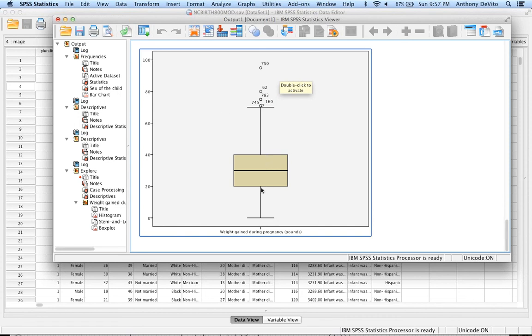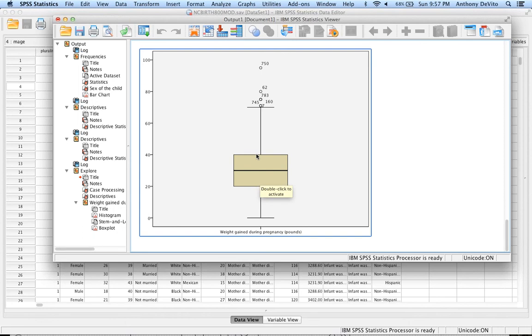The bottom part of this box is the 25th percentile. 25% of the women gained less than 22 pounds. The 75th percentile is here. 25% of the women gained more than about 42 pounds. And the middle 50% of the women were between about 20 pounds and about 42 pounds.